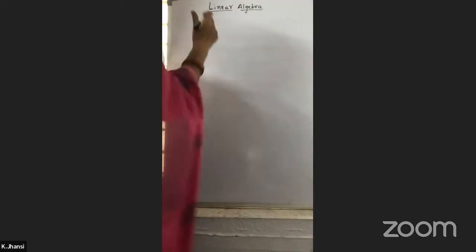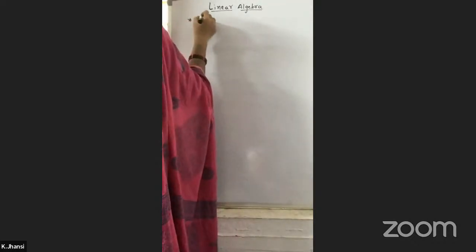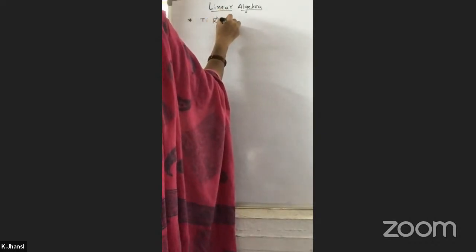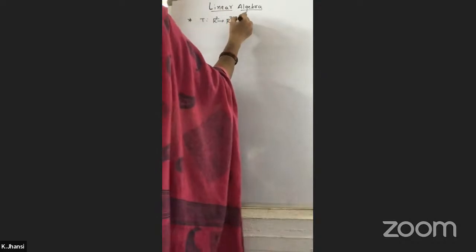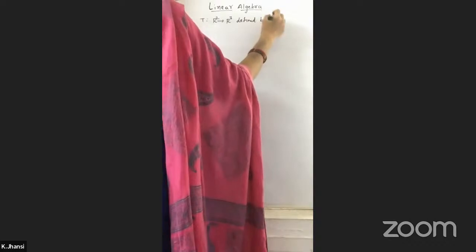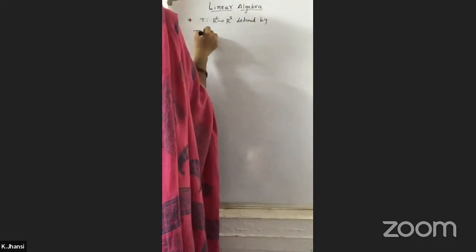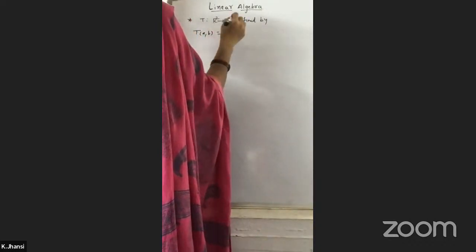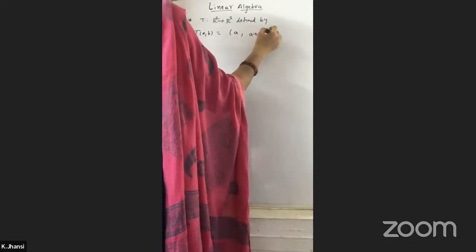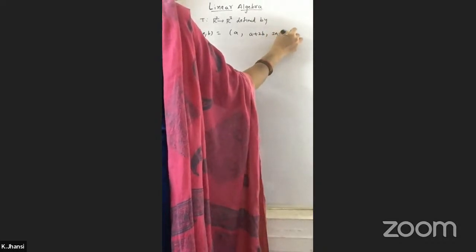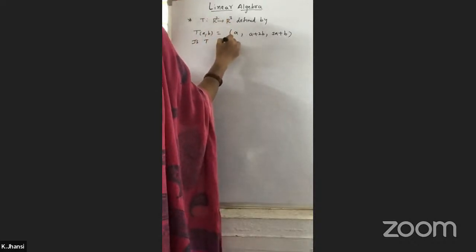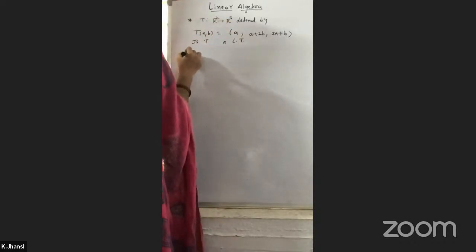See, T is a mapping from R2 to R3, defined by T of (a, b) equals (a plus 2b, 3a plus b). Is T a linear transformation? Okay, this is the problem.